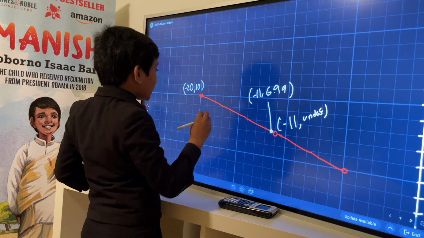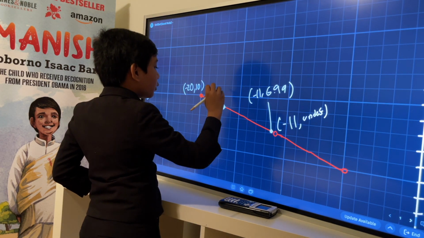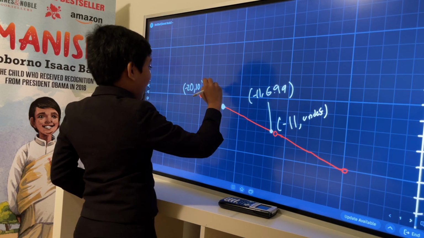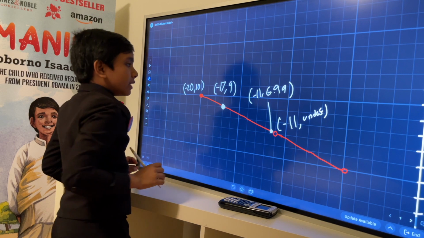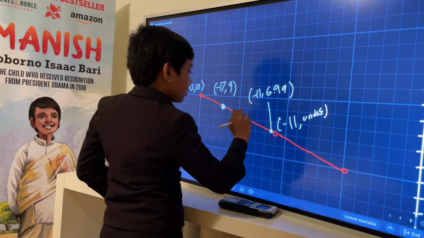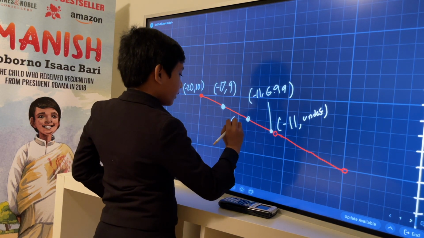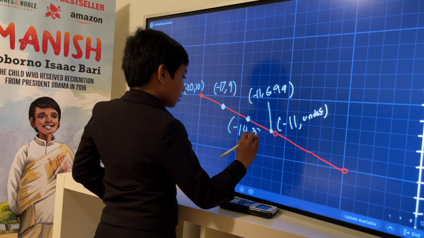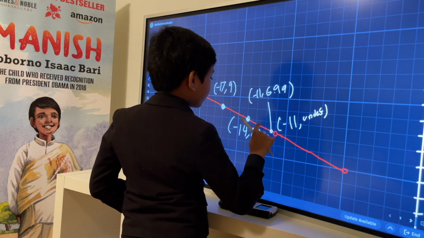So instead, you go one more down the path. And suddenly you have a point over here, which is at negative 17, comma 9. Now you've gotten closer somewhat, but you're still not close enough. What about here? This is negative 14, comma 8. We're getting close, but not close enough.